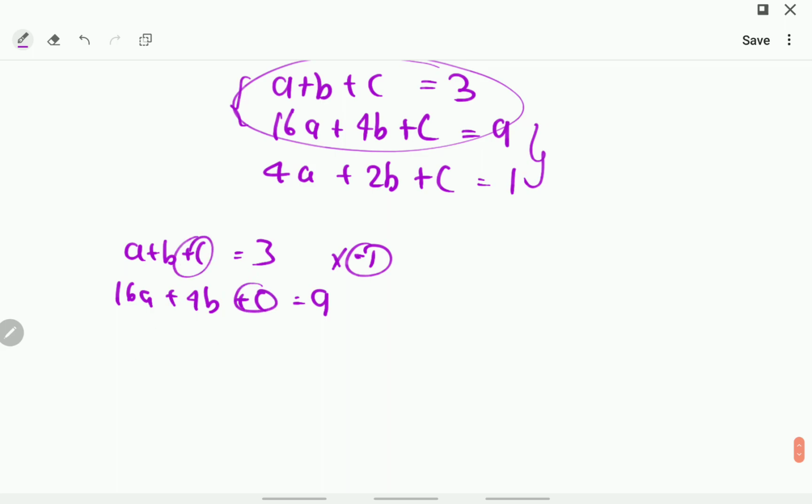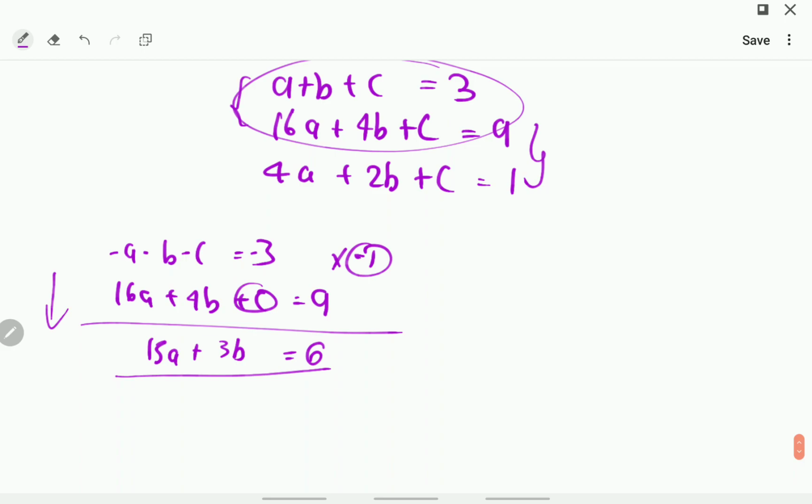So we end up with minus a minus b minus c equals minus 3. If we carry out this addition, 9 minus 3 is 6, c minus c cancels out, 4 minus 1 is 3b, 16 minus 1 is 15a. So 15a plus 3b is equal to 6.